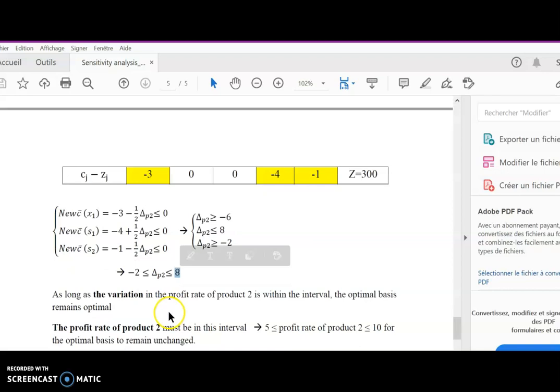So as long as we decrease the profit rate of product 2 by 2 or less, by $2 or whatever units we're using, and as long as we keep the change between minus $2 and plus $8, this variation will not cause the optimal basis to become non-optimal.